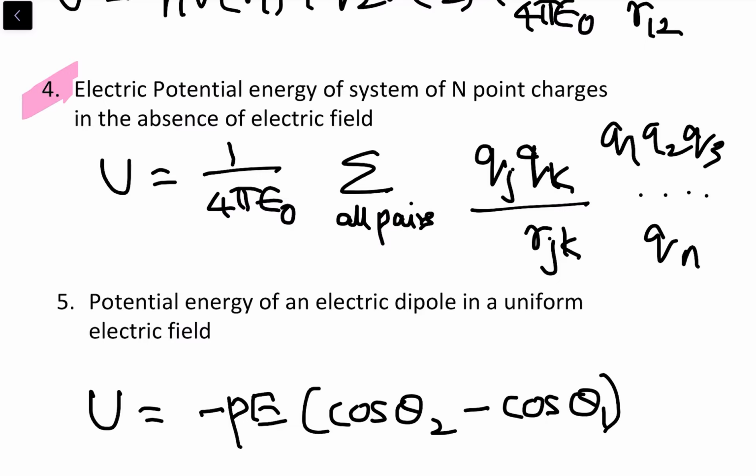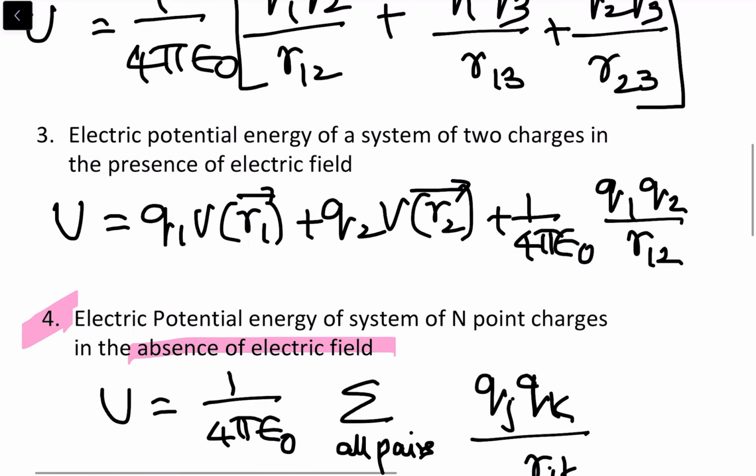This is also in the absence of electric field. Then the potential energy of the whole system of charges is equal to 1 by 4 pi epsilon naught, sigma over all pairs, qj qk divided by rjk. Now this is all in the absence of electric field.